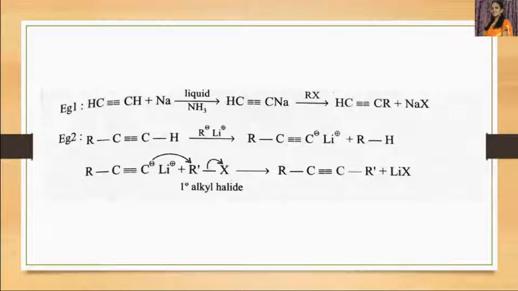In the second step, this lithium alkylide reacts with another molecule of alkyl halide, RX. This nucleophile, the acetylide ion, goes and abstracts the alkyl group from RX. Then we will get a higher alkyne, and this Li plus goes with the X minus in the form of LiX. So here a higher alkyne is obtained.